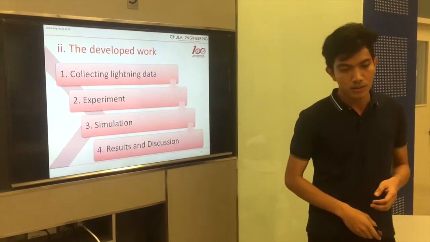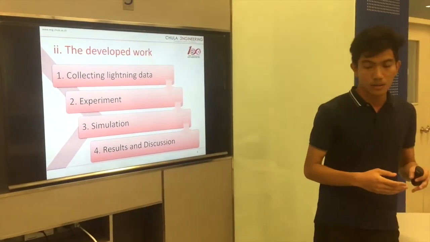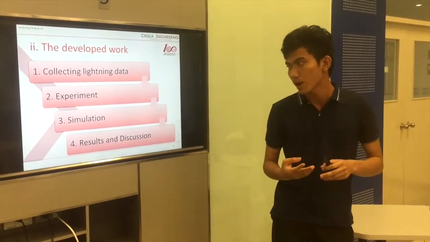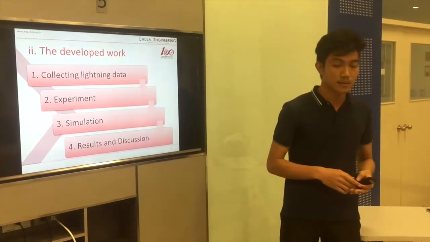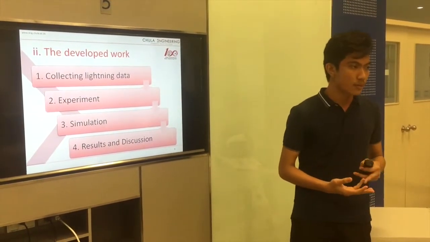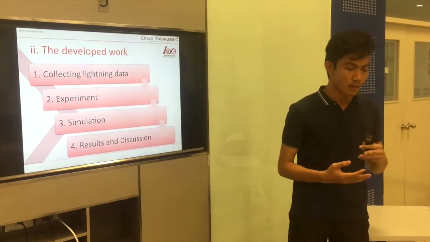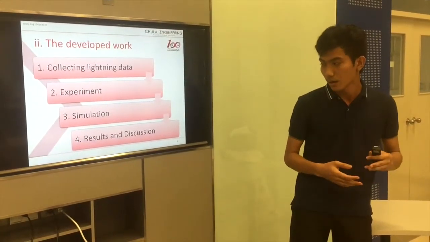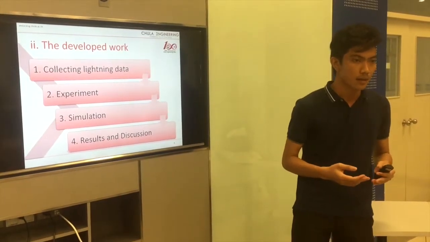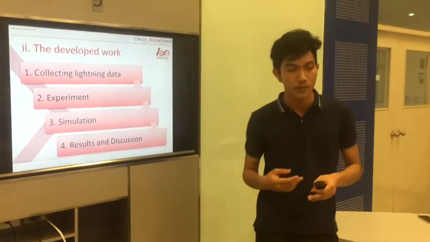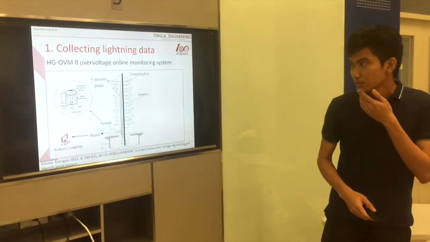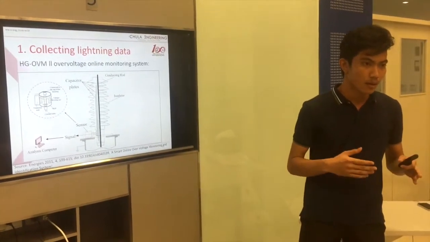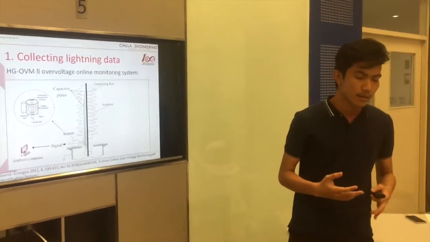For the development work, there are four parts. First is collecting the data, then the experiment, then simulation to strengthen the experiment result, and then a short discussion of the result. This slide shows how they get the lightning data.